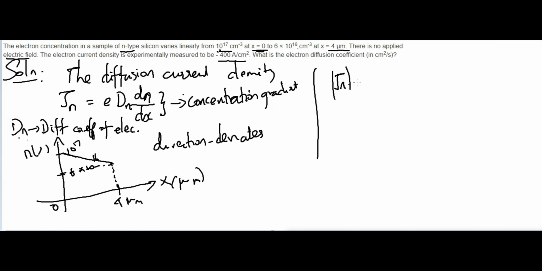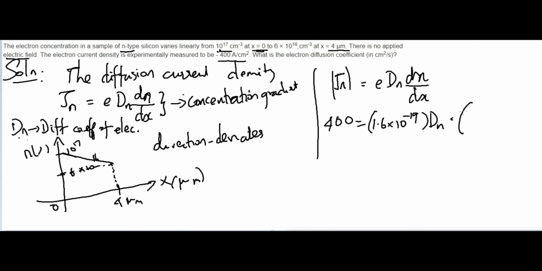So Jn, once again, equals e into Dn, dn divided by dx. We have to apply all the values. Jn is minus 400, so the modulus is 400. That equals e, the standard value 1.6 x 10^-19, times Dn, and dn is the change: the higher value minus the lower value, 10^17 minus 6 x 10^16.